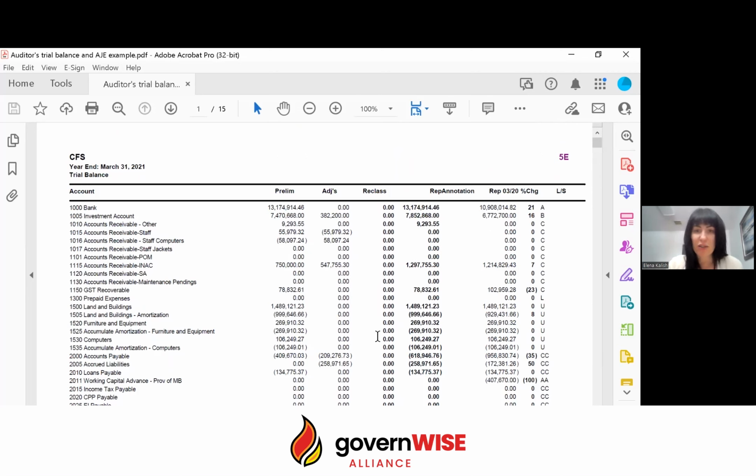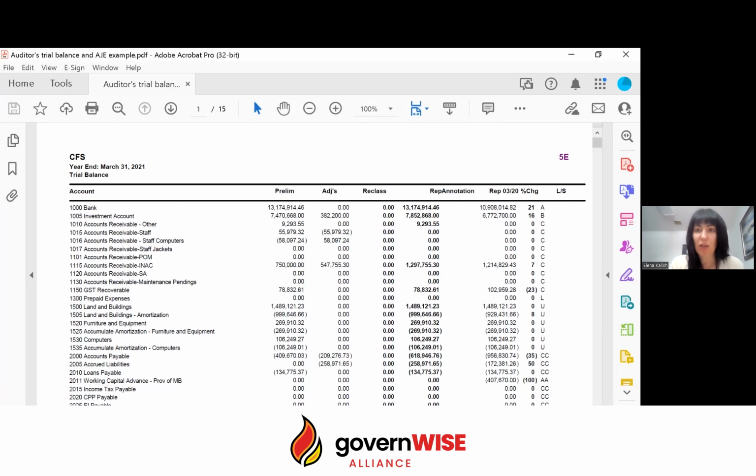Now for the auditors, because they have so many columns here, they combine the trial balance all in one column. So in the last column of the audited numbers, all the positive numbers are debits, all the negative numbers are credits. In your own system, it may look like all the positive numbers are in the first column and all the negative numbers are in the second column. Okay, just something to keep in mind.